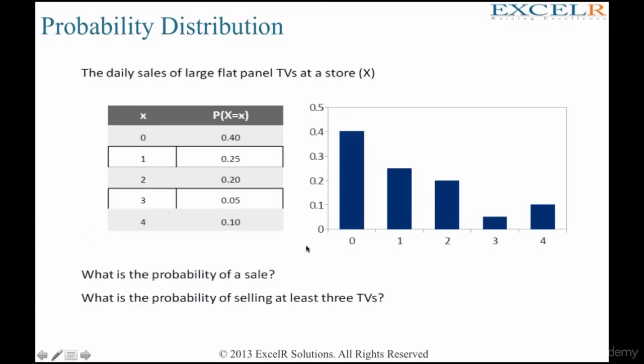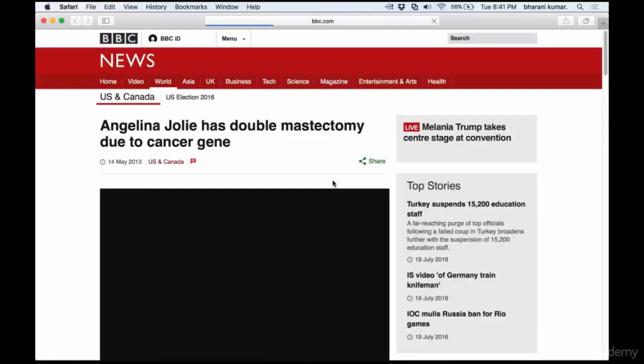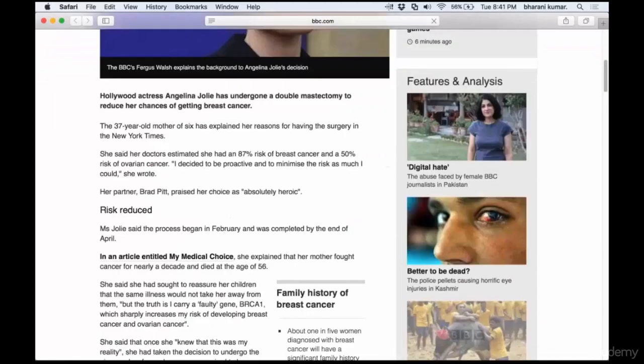So we have discussed probability distribution. Now let us discuss a few applications of probability. Who doesn't know this actress? Most of you might be aware of this famous celebrity whose name is Angelina Jolie. She has undergone a double mastectomy when statisticians predicted that she would encounter breast cancer. Let me show you that article which was published on BBC. Look at this.